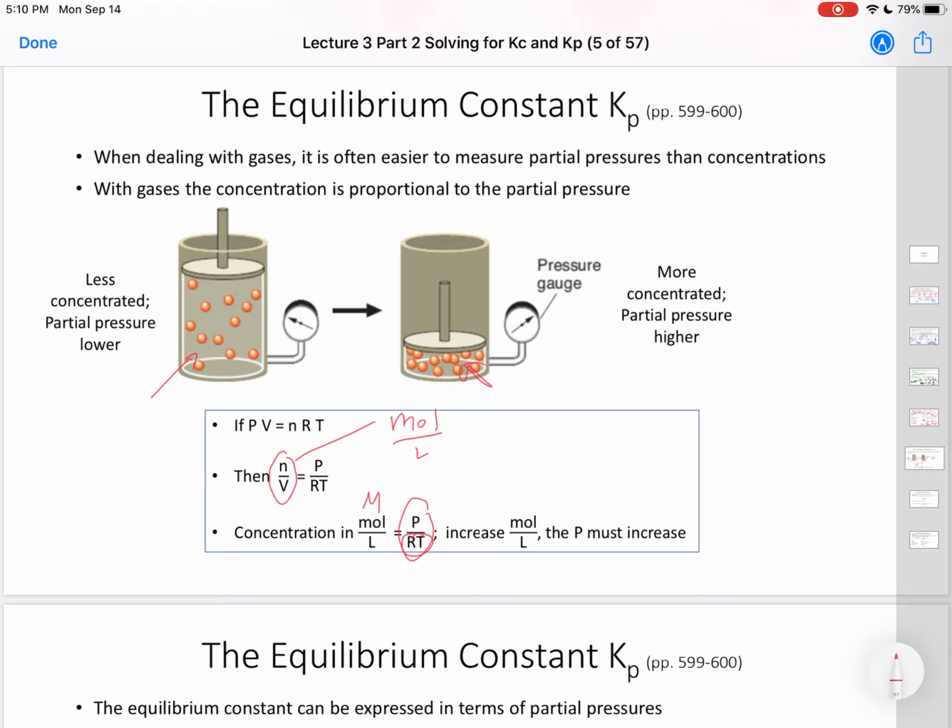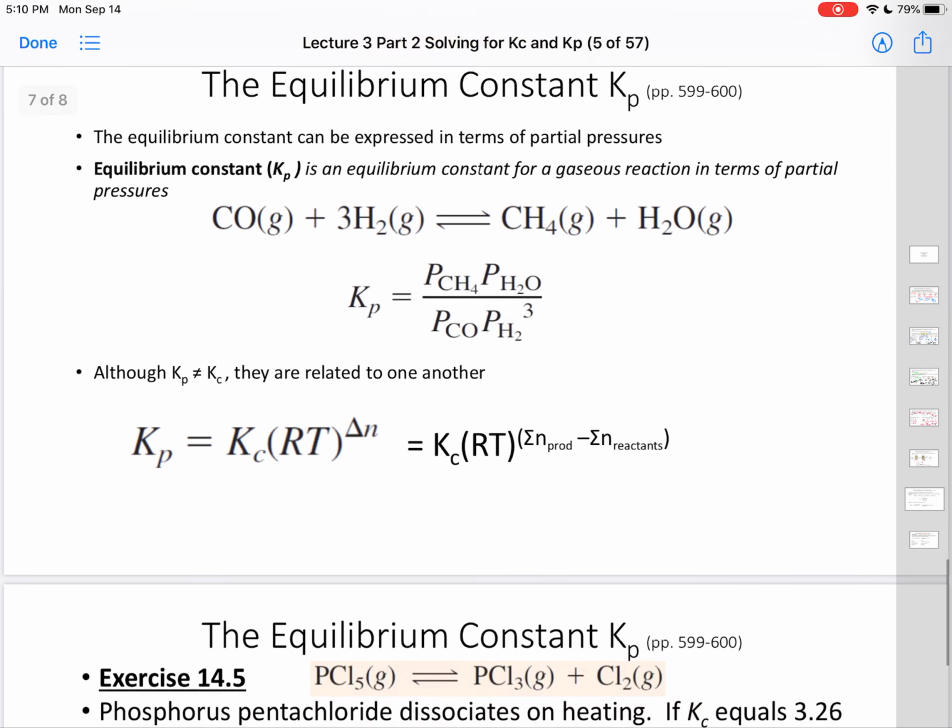Since R is a constant and temperature is a constant in all of our reactions, really the molarity is proportional to the pressure. So if you increase the moles per liter, you're increasing P. And so basically you can replace all of your concentrations with the partial pressure.